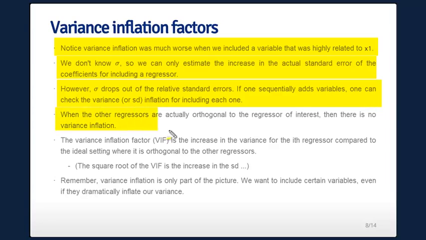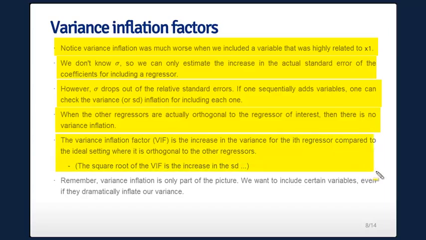So when the regressors are orthogonal to the regressor of interest, there is no variance inflation. So they define something called the variance inflation factor, which is the increase in the variance for the ith regressor compared to the ideal setting where it's orthogonal to all the other regressors.